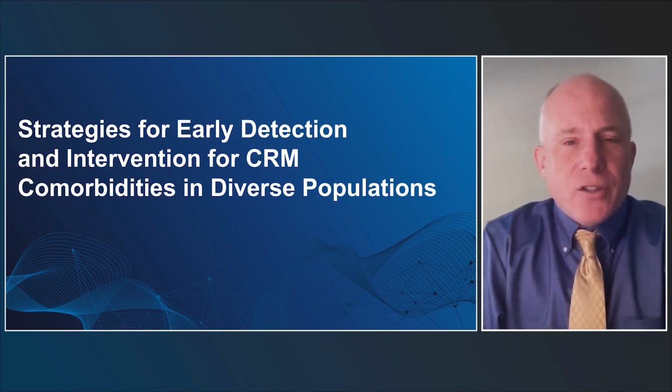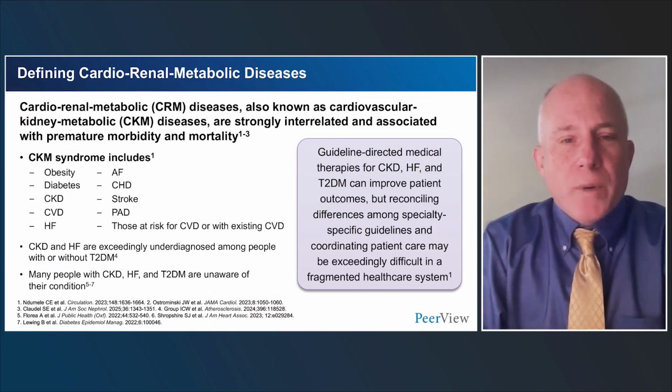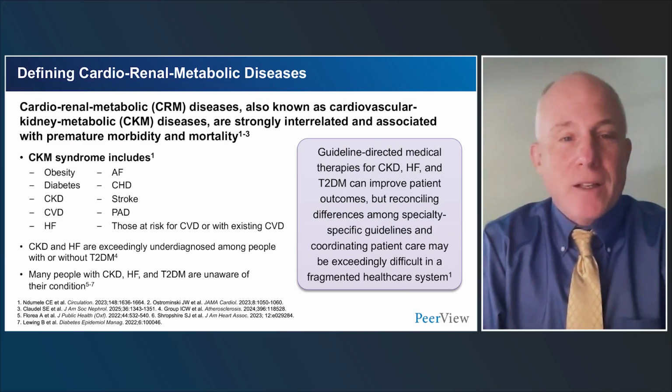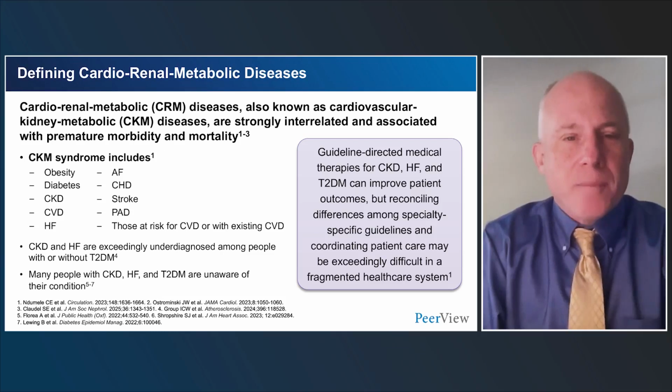Let's start with strategies for early detection and intervention for CRM comorbidities in diverse populations. We know that cardio-renal metabolic diseases, also known as cardiovascular-kidney-metabolic diseases, or CKM, so you'll hear me say CRM or CKM, are strongly interrelated and are associated with premature morbidity and mortality.